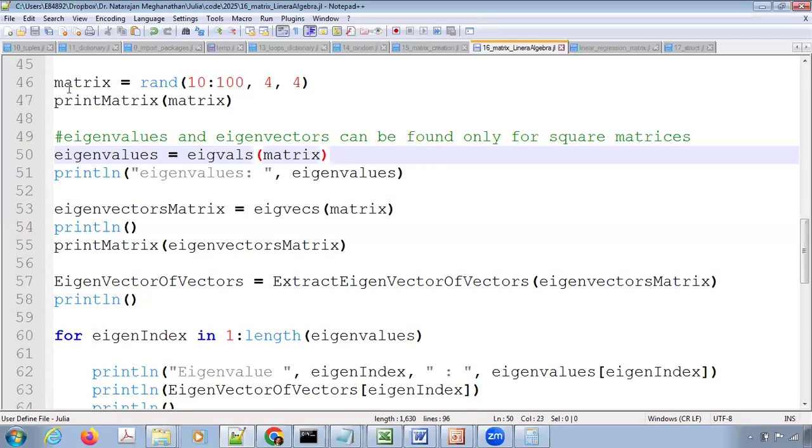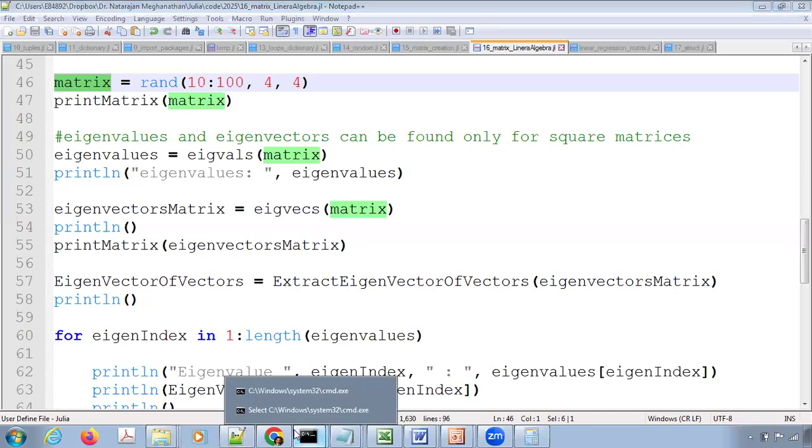Here my matrix name is just matrix. This lowercase m matrix is not a keyword, so you can label your user-defined matrices like that. You pass that matrix as the argument to this eigvals function, and it's going to return the eigenvalues of that matrix. Again, it's not a keyword in Julia, so you can create a matrix with such a name.